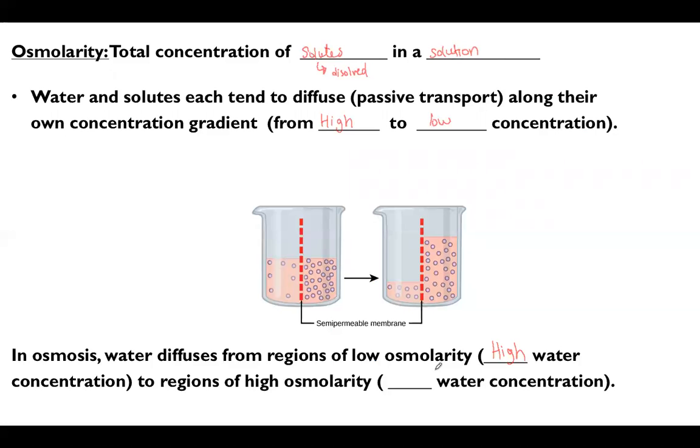That's when the concentration of water is low. So a little bit confusing here, a little bit of opposites, but if you think about it from a water standpoint, it's going from a higher concentration of water to a lower concentration of water. It's trying to balance that out.